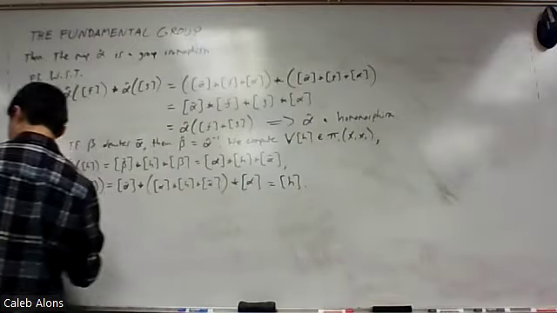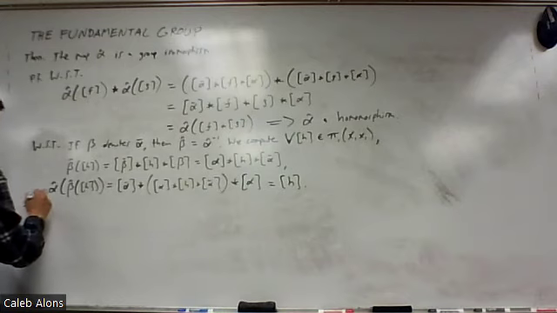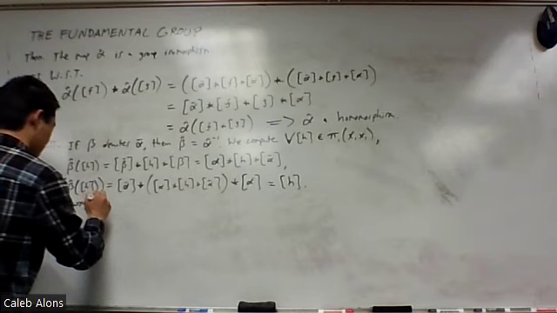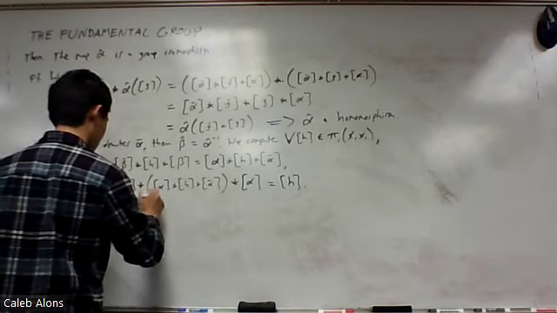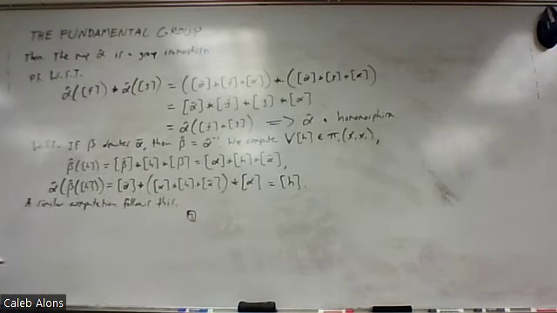So then a similar computation follows this. That's the way to say I figured out one way, which means that doing it the other way is not going to be anything new.